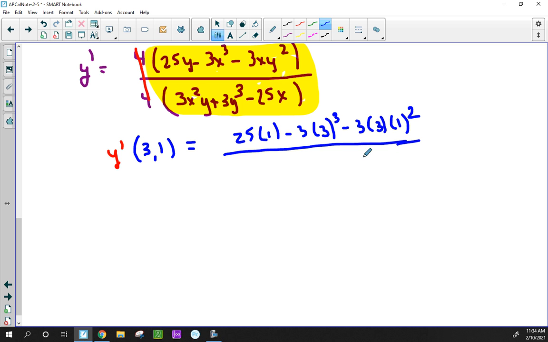Be careful there. Bottom is going to be 3 times 3 squared times 1 plus 3 times 1 cubed minus 25 times 3.